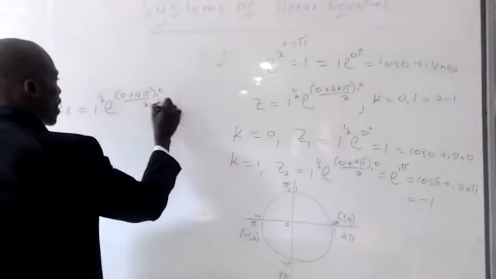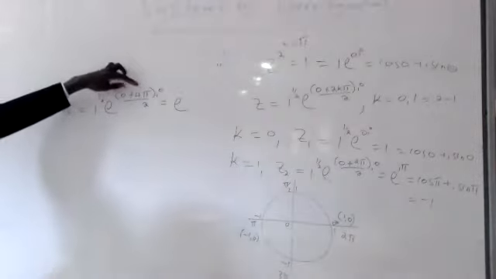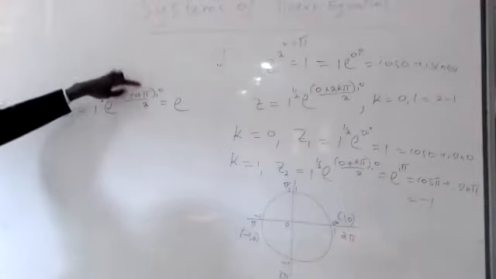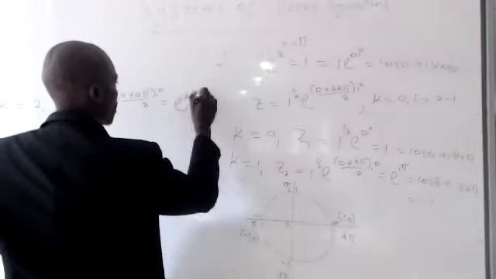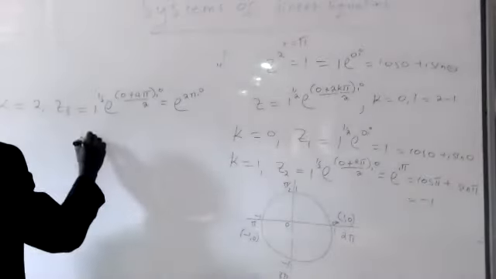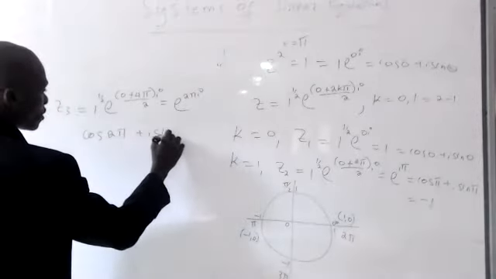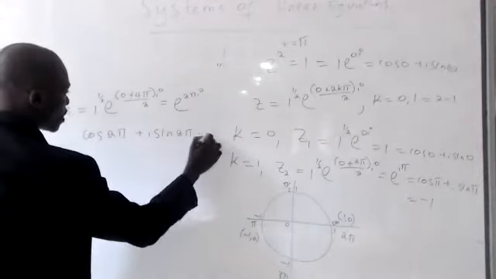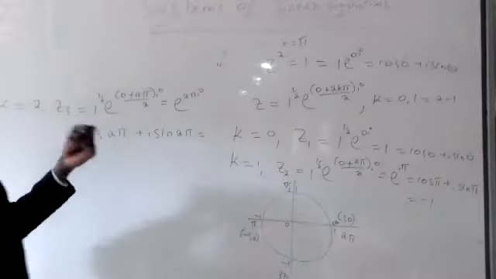This multiplied by i. So this is exponent of, what is 0 plus 4 pi? That's 4 pi. 4 pi divided by 2 is 2 pi. So this is exponent 2 pi i. Now, compute this by Euler's formula. This is cosine of 2 pi plus i sine of 2 pi. Can someone tell me what you get? What is cosine of 360?